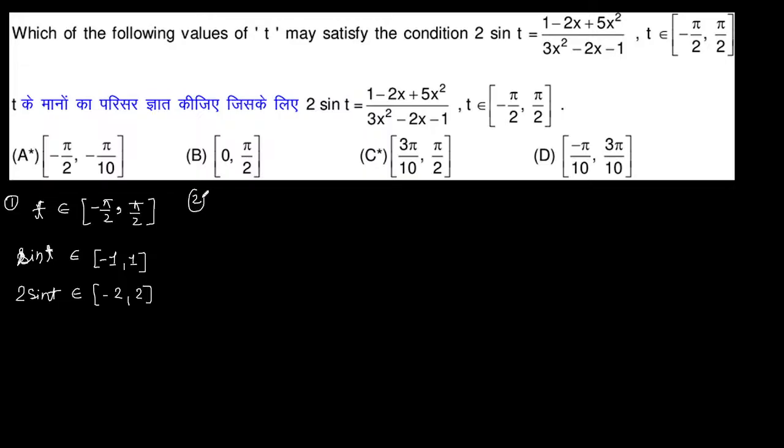Second part, this is from quadratic. The one who is going through one shot, for them this is okay. We can keep y equal to 1 minus 2x plus 5x square.